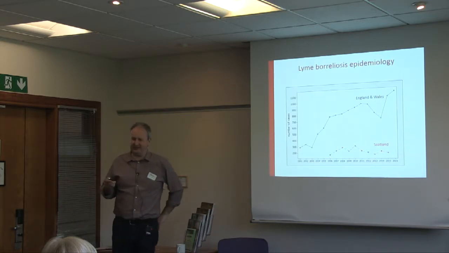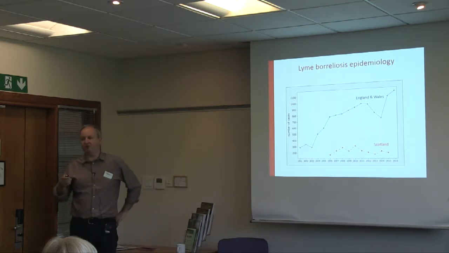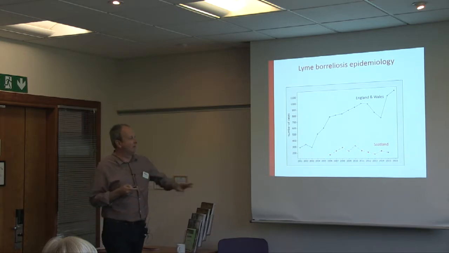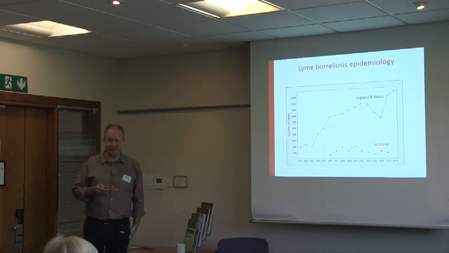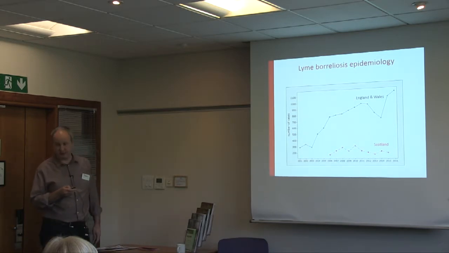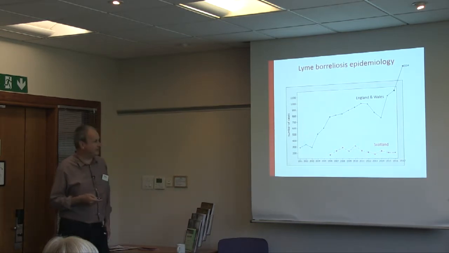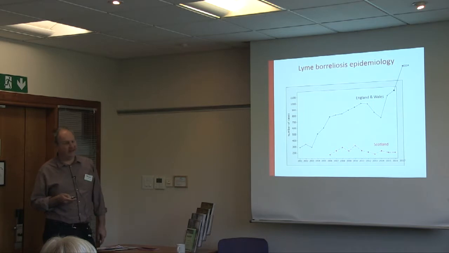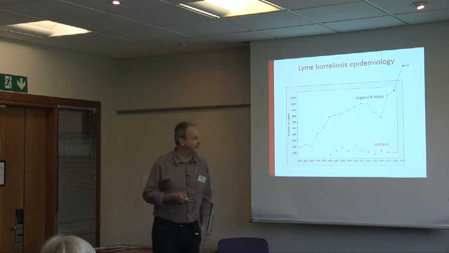Okay, so a bit of epidemiology. These are the figures of laboratory confirmed cases from England and Wales and Scotland for Lyme disease over the past 20 or so years. The 2017 data have been released fairly recently for England and Wales, and you can see undoubtedly there's an upward trend since the turn of the millennium.